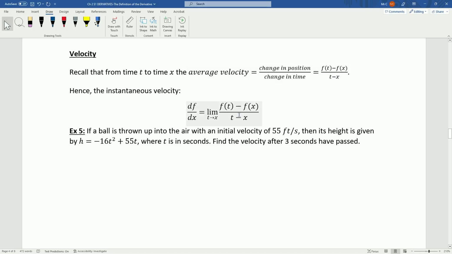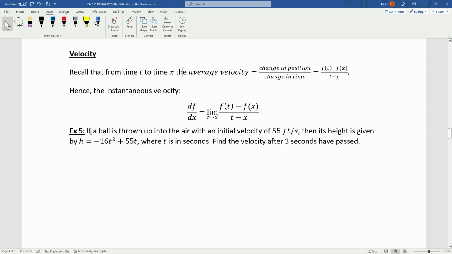So this was all our alternative version of the derivative. This is equivalent to our definition of the derivative. And here we're just denoting it as df dx equals the limit as t goes to x of f of t minus f of x divided by t minus x.